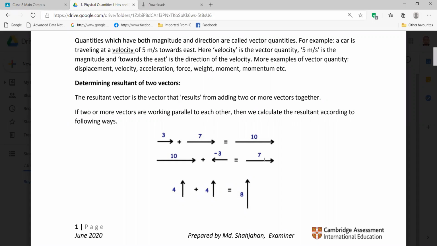Is it clear? If it is clear, then we can go to the next step. Because in scalar there is no direction, no fixed direction. We are not considering any direction over there. We are just adding the magnitudes, summing up the magnitudes. That's it in scalars.